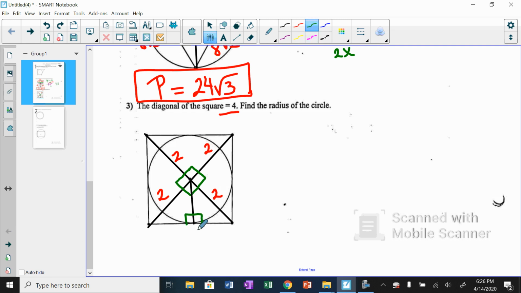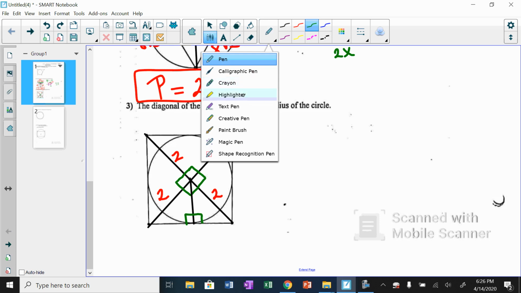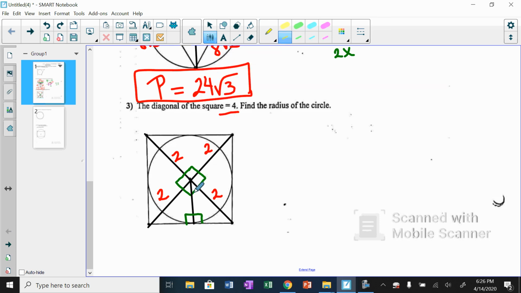So now I'm going to pull apart one of these triangles. Well, before I do, we know that these two triangles are congruent. So what does that mean? These are 45, 45, 90 triangles.